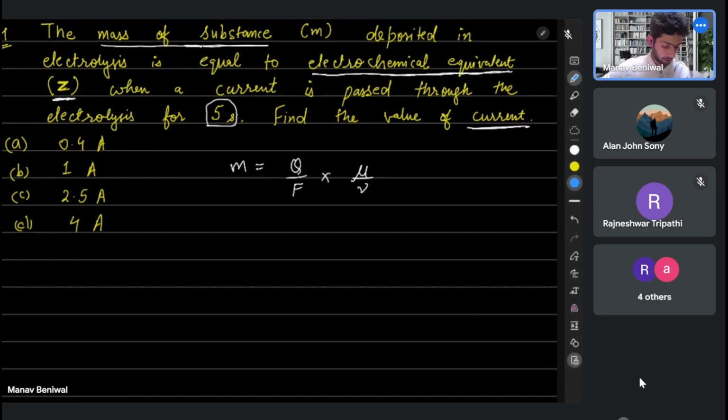So basically, what we are trying to do is, your electrochemical equivalent, or I'll simply write Z, our Z is given by M over Q, where M is the mass of substance, and this Q is the charge that has flown to deposit this mass, right?